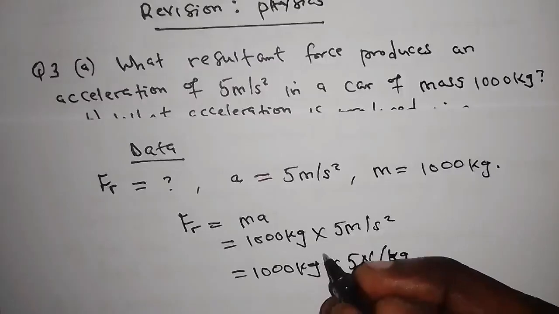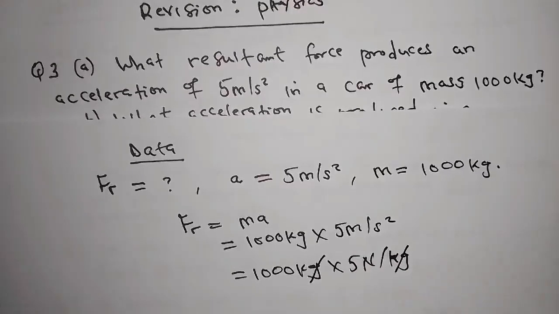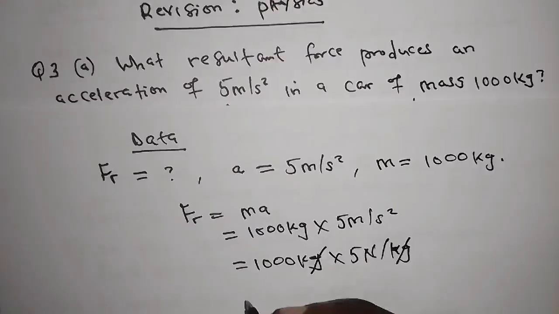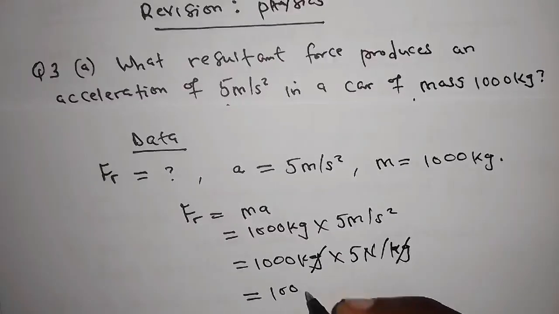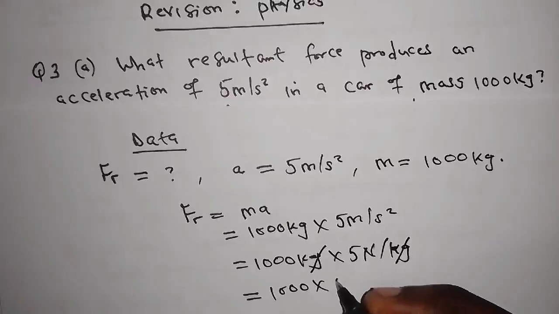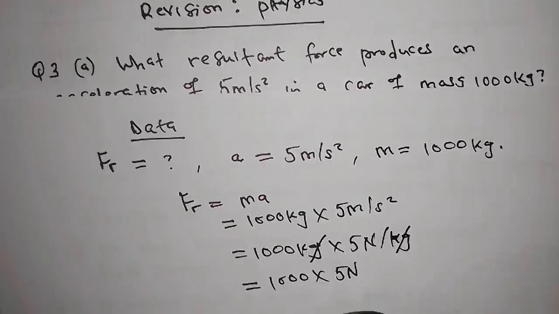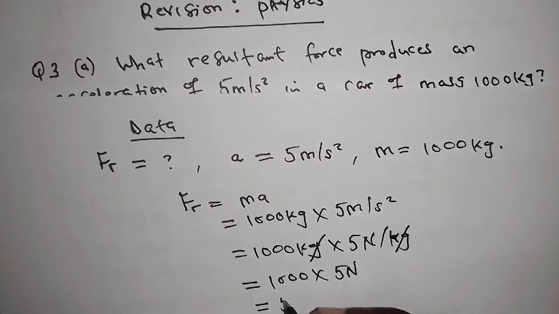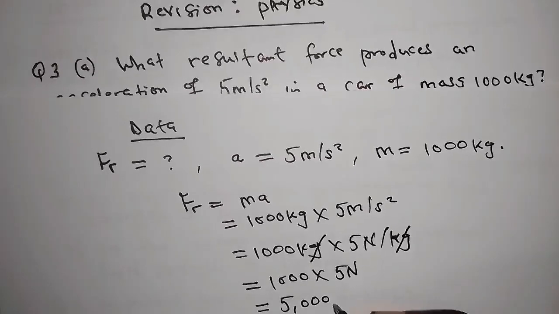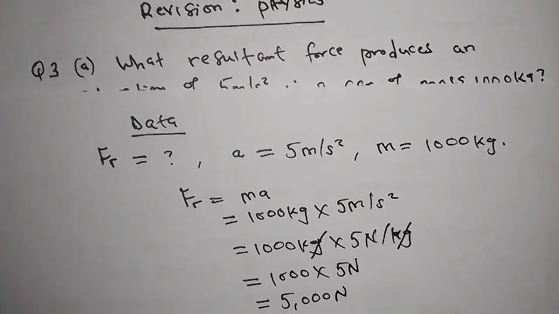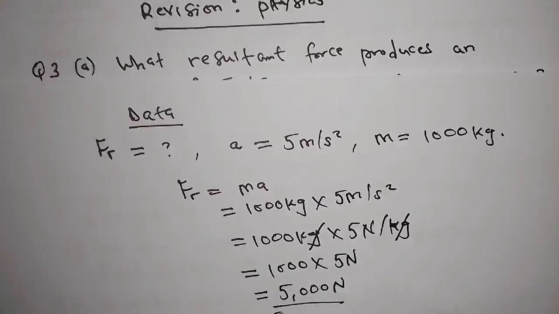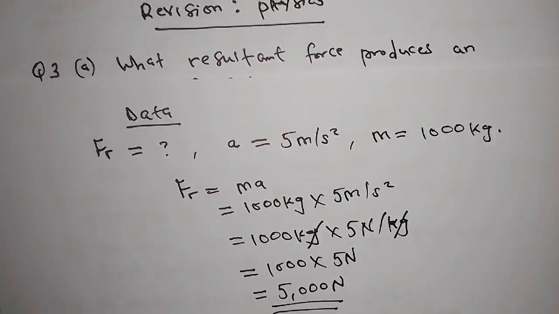The kg cancels, and you have 1000 multiplied by 5 Newton, which is 5000 Newton. That is the resultant force produced.